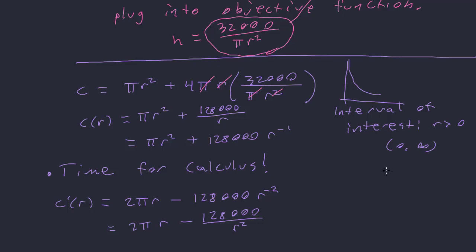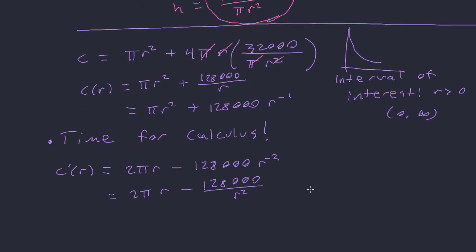Technically, r equals 0 isn't a critical point because it doesn't even fall in the domain of the original function. So all we really care about is what causes this to be 0. We'll set this equal to 0 and solve.